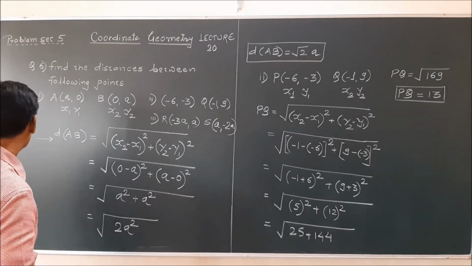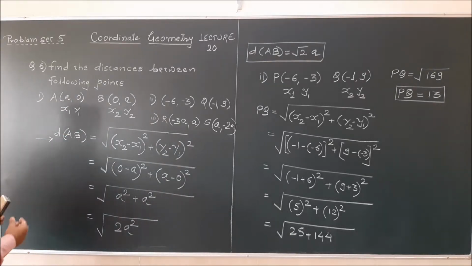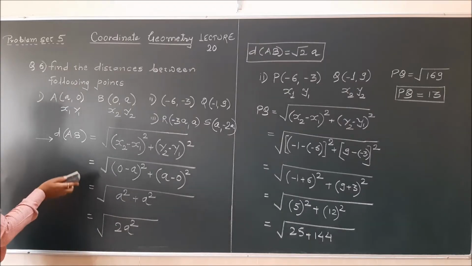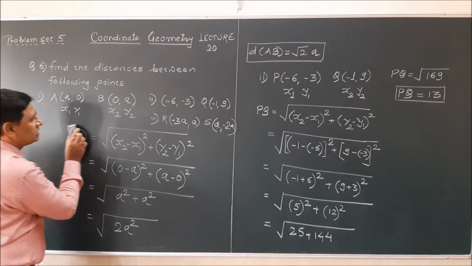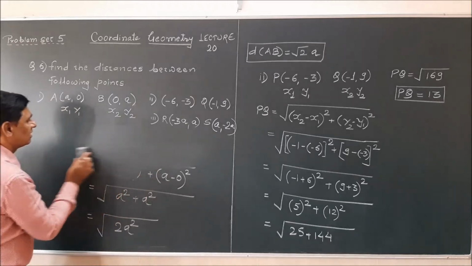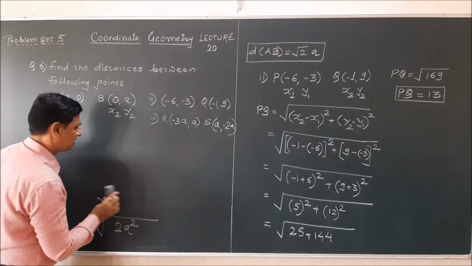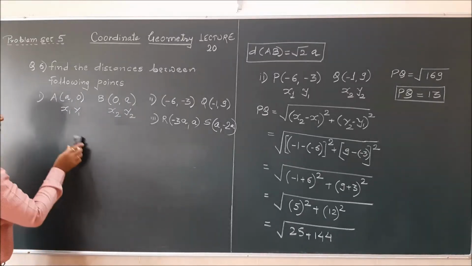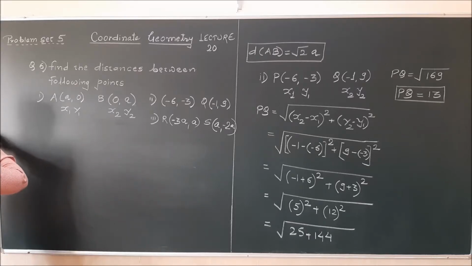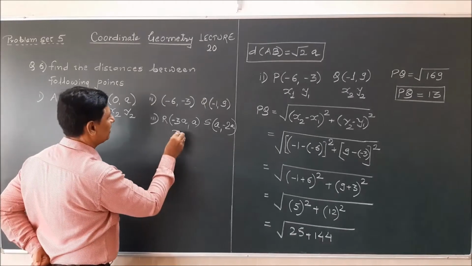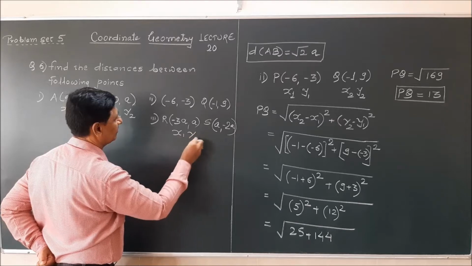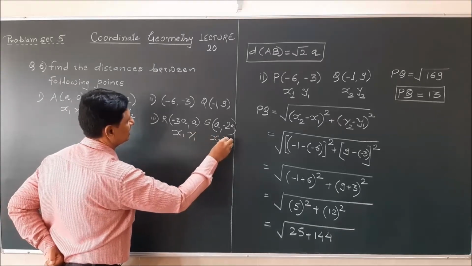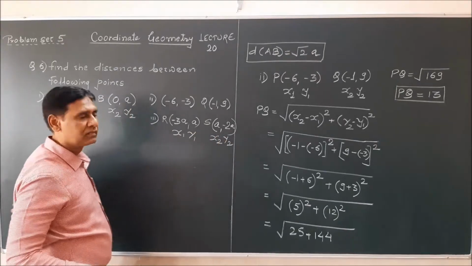Now let's see. In the same way, we are going to find out distance RS. Here they have given us variables, no problem as such. Label them as x1, y1. Here I label this as x2, y2.